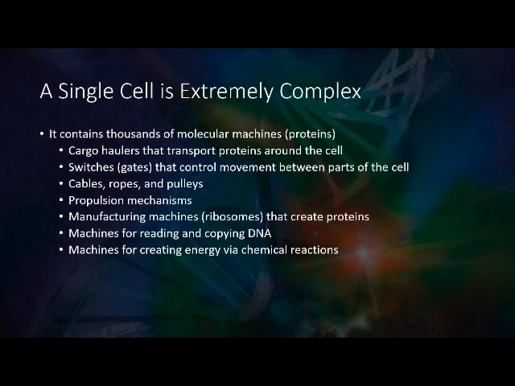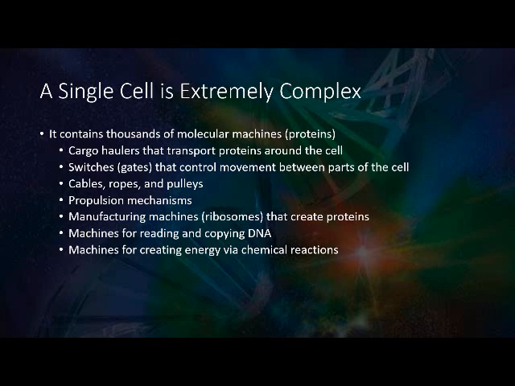Well, even a single cell, if you could simply show that a single cell somehow got created, that would be a tremendous accomplishment because a single cell is very complex. It contains thousands of molecular machines, which are a kind of protein.